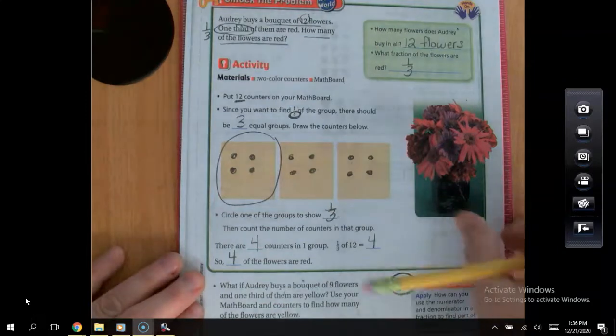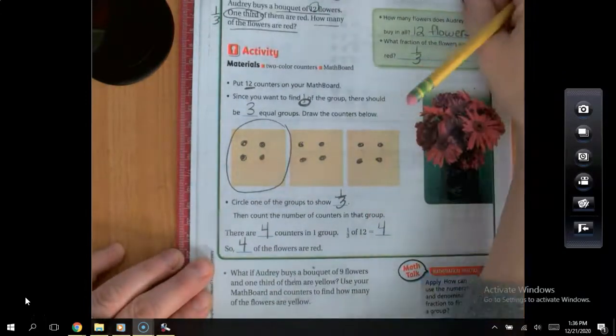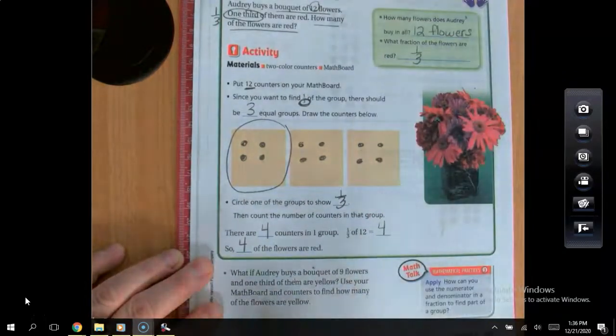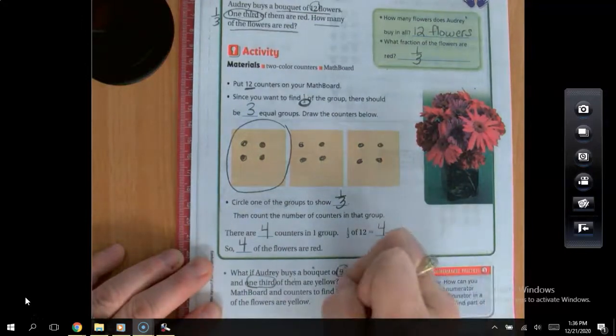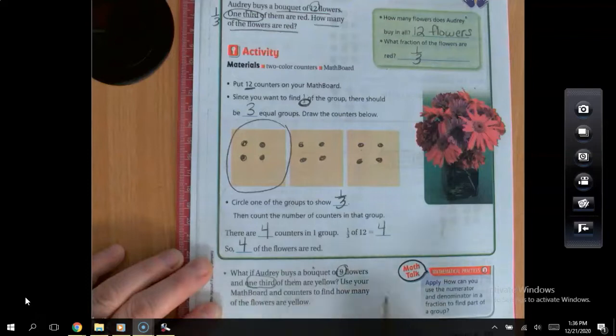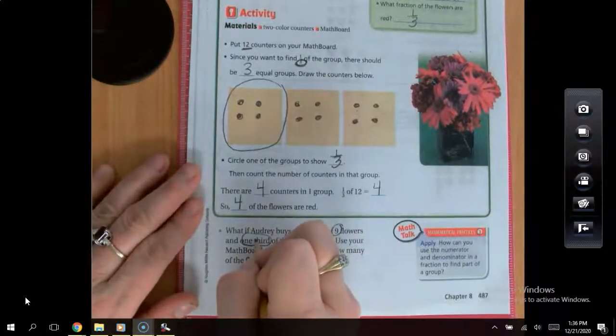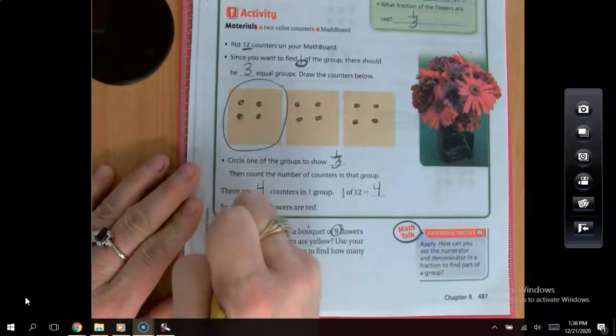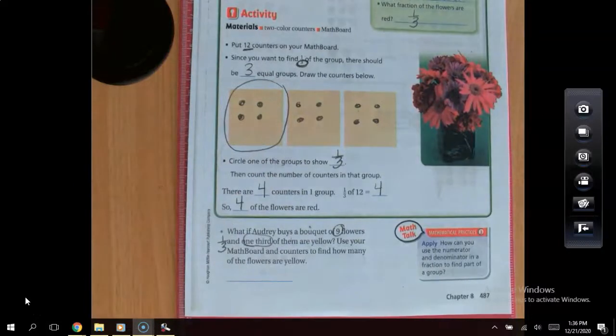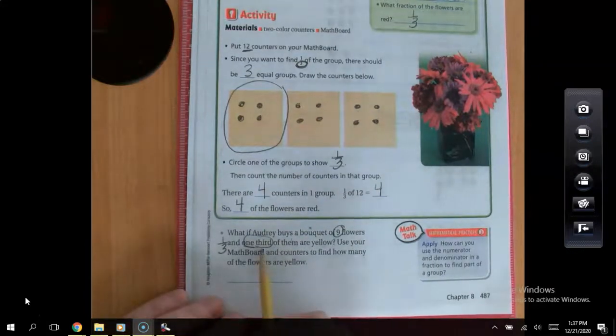It says, what if Audrey buys a bouquet of 9 flowers and 1/3 of them are yellow? Use your math board and counters to find how many of the flowers are yellow. We're just going to do it at the bottom of our paper. I circled 1/3. I know I have 9 total flowers, and 1/3 of them are yellow.